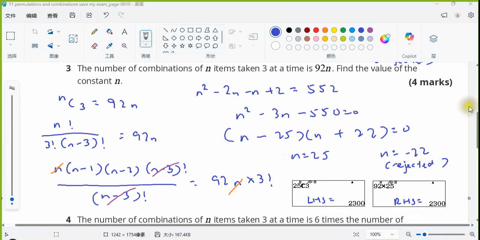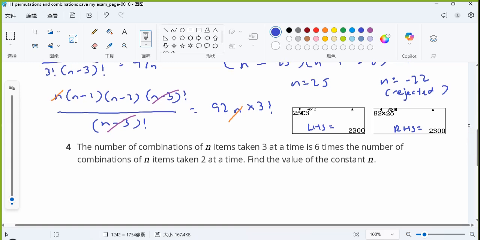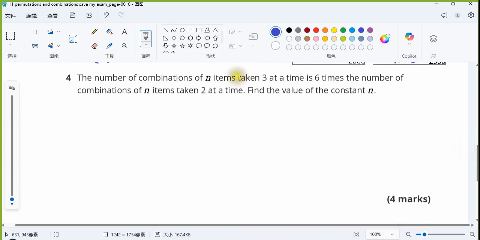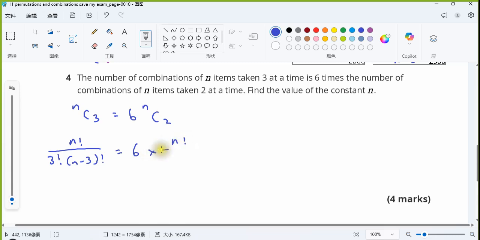Okay. Number 4, the number of combinations of n take 3, nC3 is 6 times n take 2, nC2. Find the value of constant n. So we have n factorial over 3 factorial n minus 3 factorial equal to 6 times n factorial over 2 factorial n minus 2 factorial.